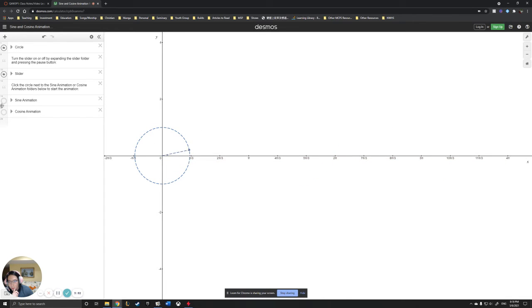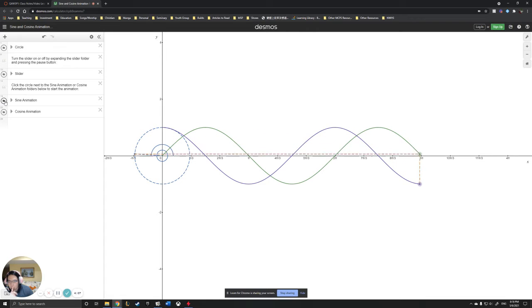But if we add in cosine, you see now it starts at 1, and at 2 pi we will go back to 1, so it has a different starting point. If I put these two together, you'll see that one traces out the x values of my unit circle while the other traces out the y. And they are essentially the same graph, just one of them has been moved over.